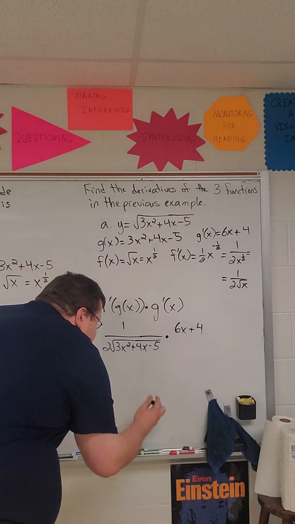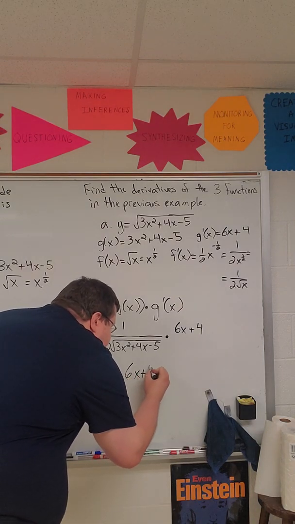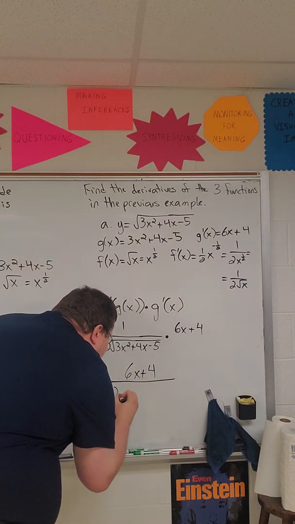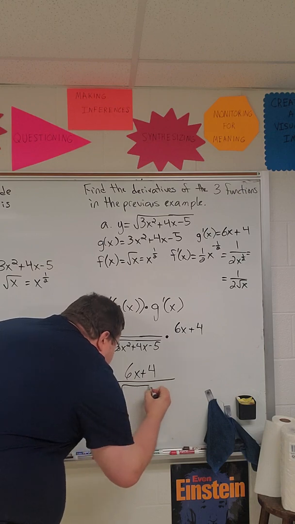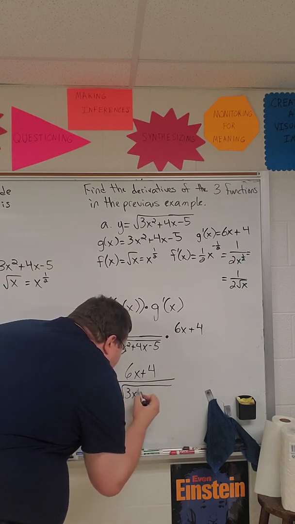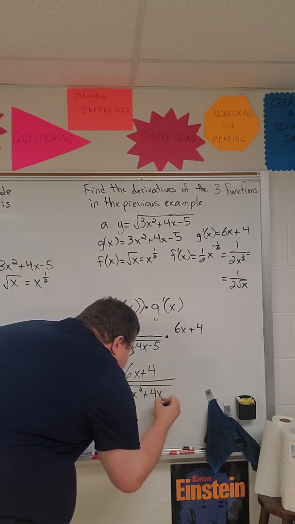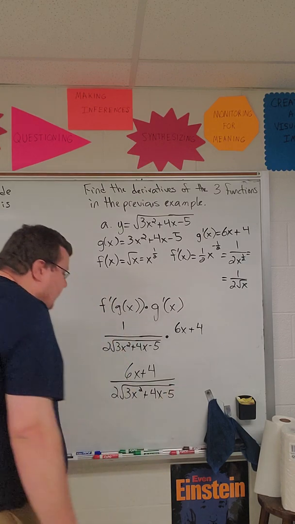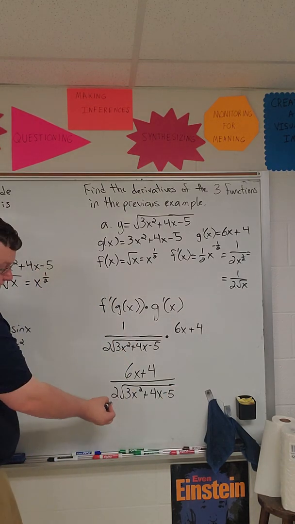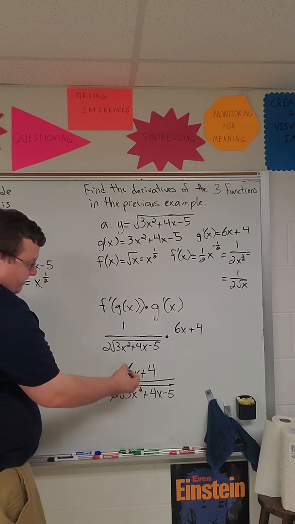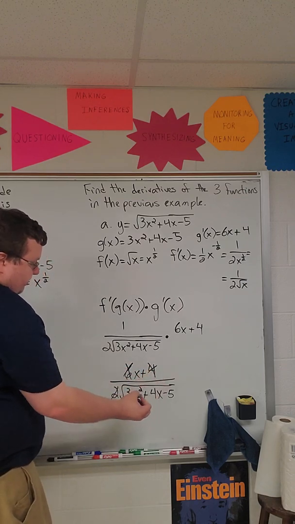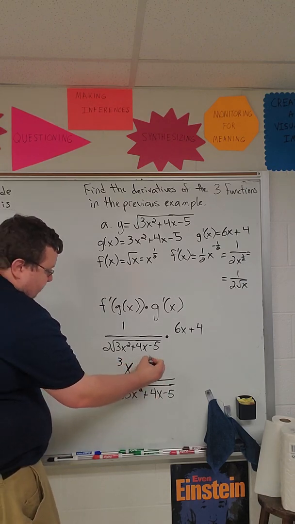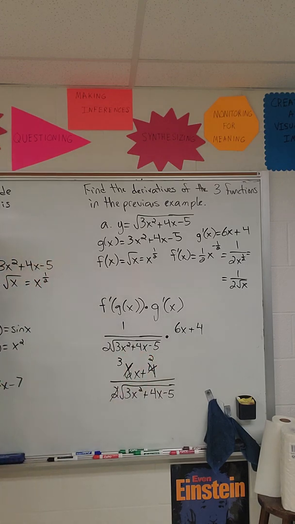So our final answer will be 6x plus 4 divided by 2 square root of 3x squared plus 4x minus 5. And technically, this is divisible by 2, this is divisible by 2, this is divisible by 2, so you can simplify that to 3x plus 2 all over the square root of 3x squared plus 4x minus 5.